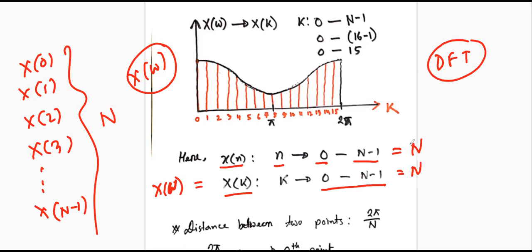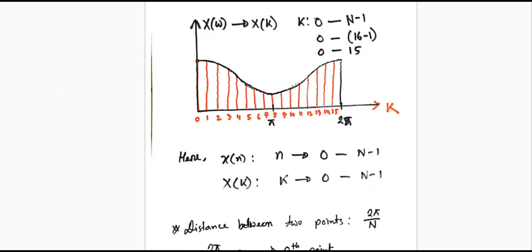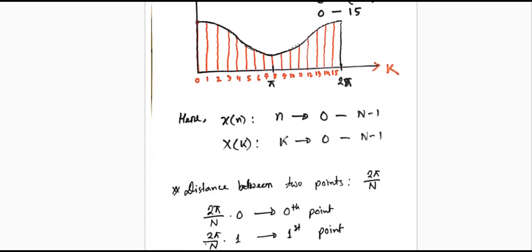So in the time domain, we have N samples. Let's say that is 20. In the frequency domain, we will divide our whole frequency spectrum, from 0 to twice pi, into capital N parts, which is, for example, 20. That is the concept of the discrete Fourier transform.